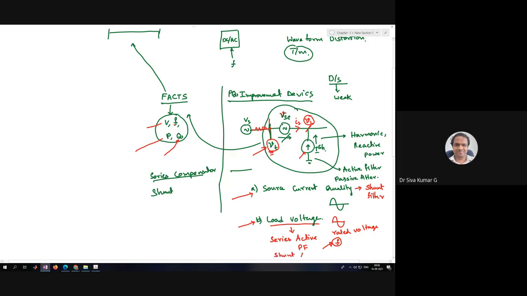You can use the shunt active power filter to improve the load voltage, but when you do, its power level rating is more.